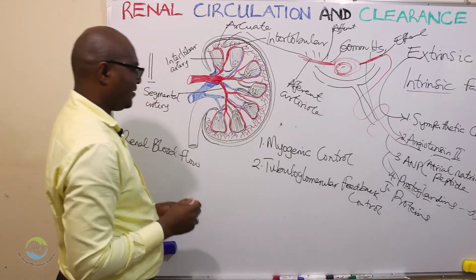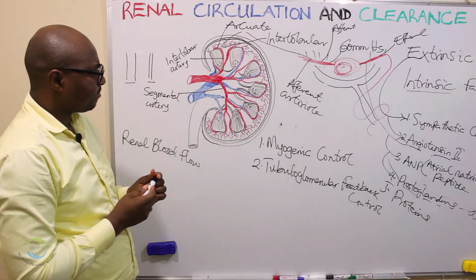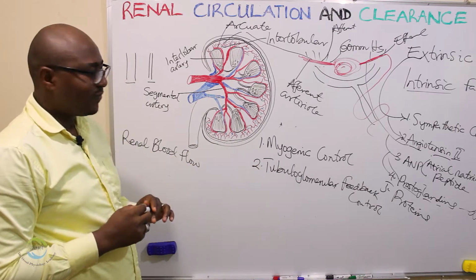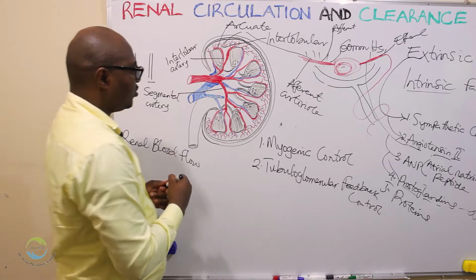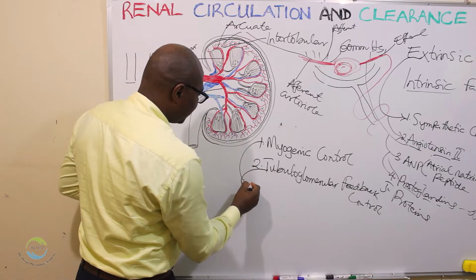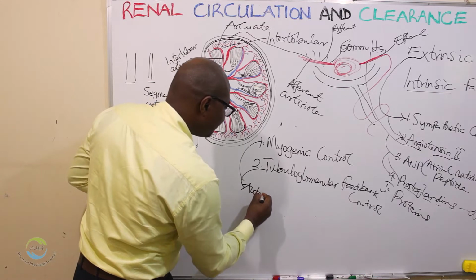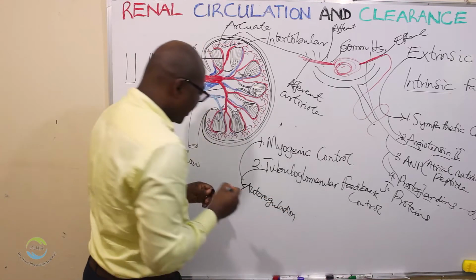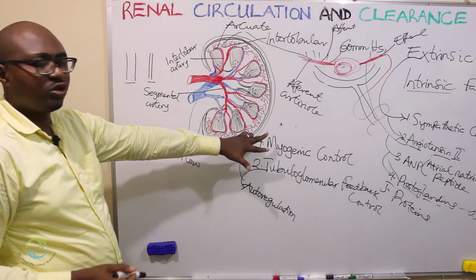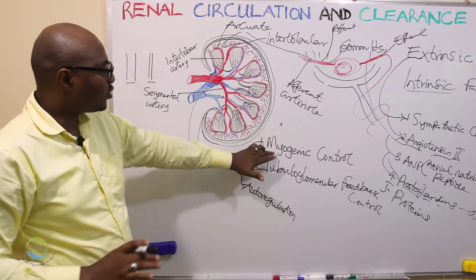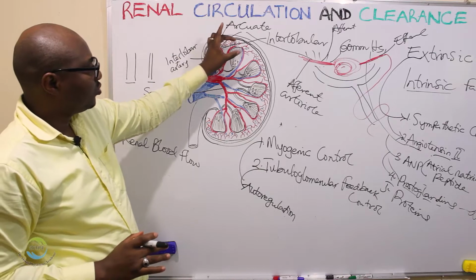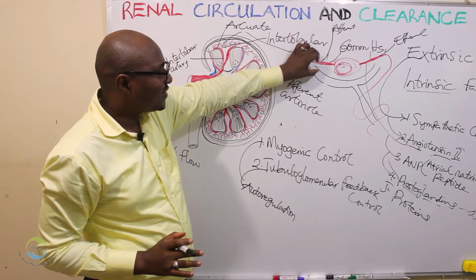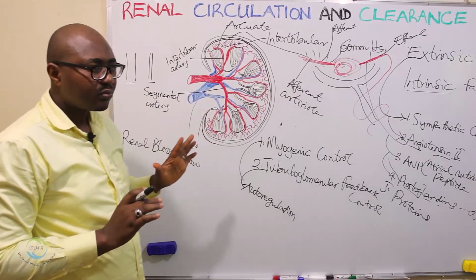What do we mean by this? Myogenic control, tubuloglomerular feedback. These two are together known as autoregulation, like I've said before. Okay, so the myogenic control mechanism is related to the smooth muscle in the walls of these arterioles.